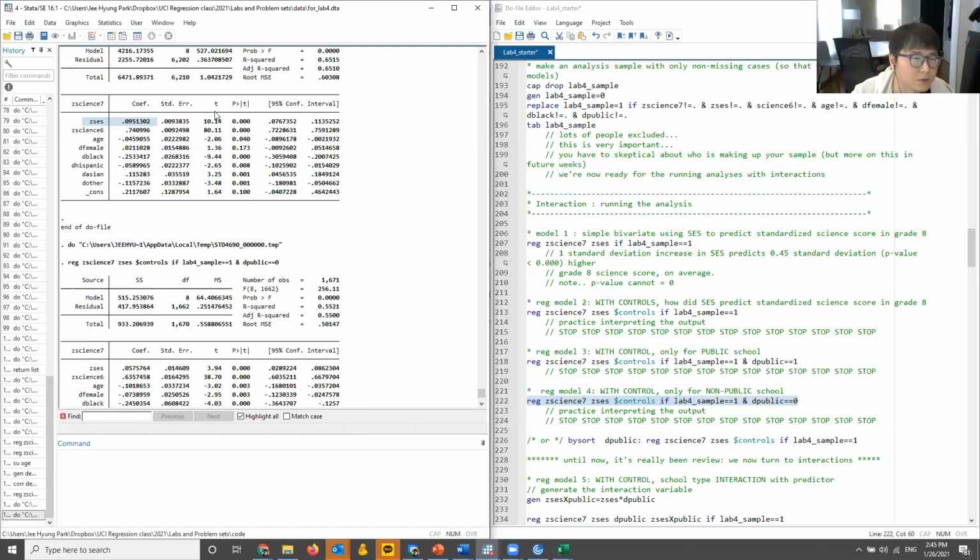Yeah. So would it be correct if we say that public school students benefit more from an increase in their SES, something like that? Yeah.